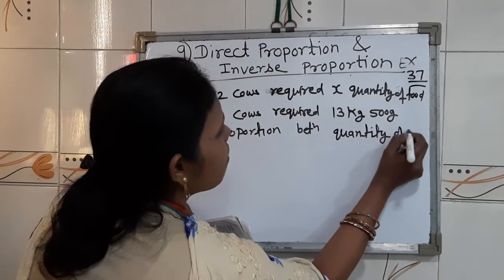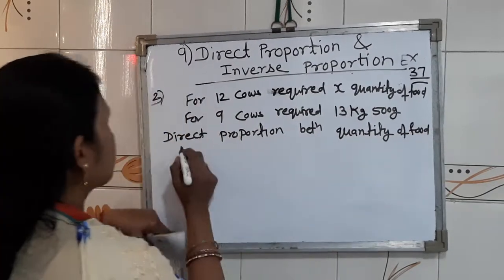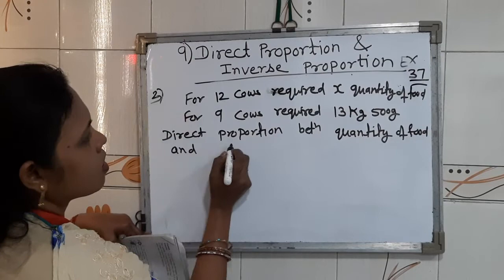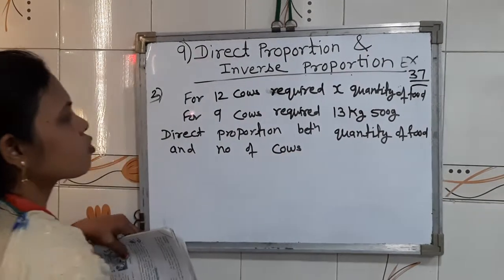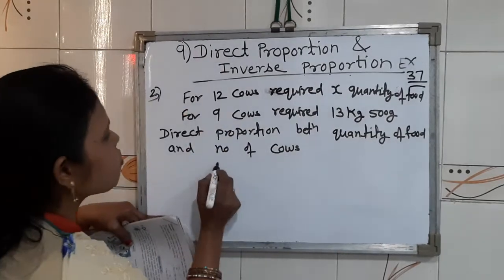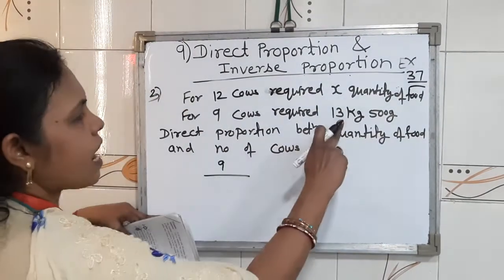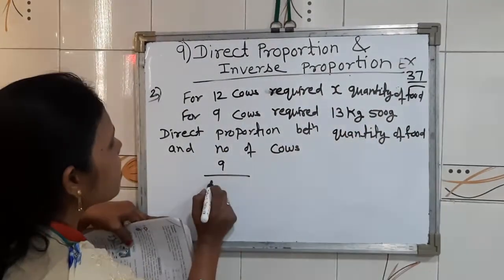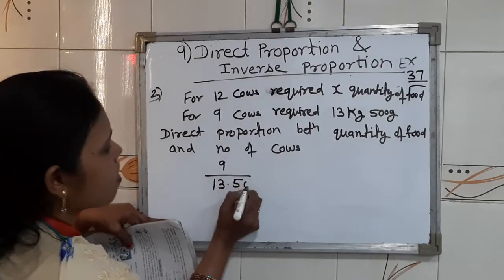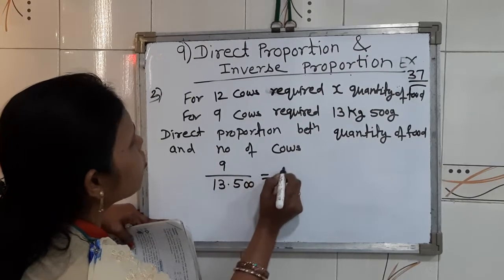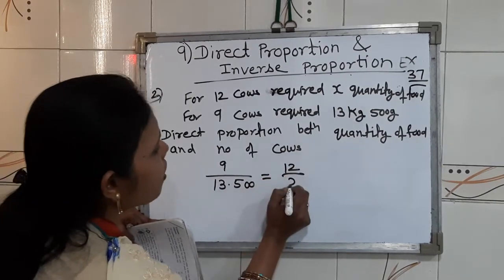The number of cows is 9 and for that 13 kg 500 gram of food is required. That we can write this way, equal to 12 upon x.